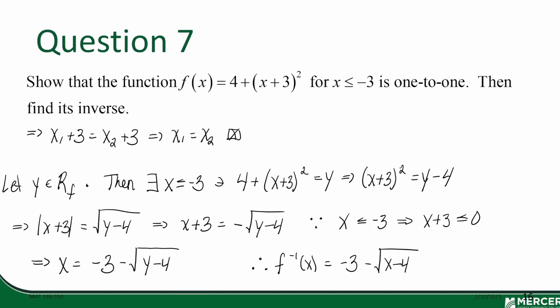This one's an interesting one. Domain of f is less than or equal to negative 3. That means that's what your range of f inverse is, right? Range of f. And try to do it without looking at f inverse.